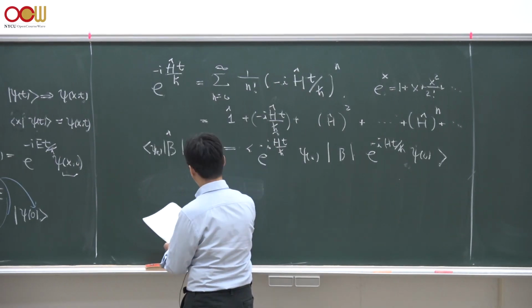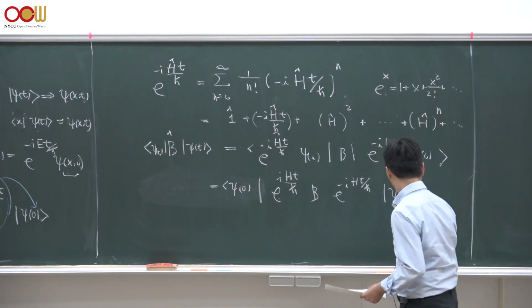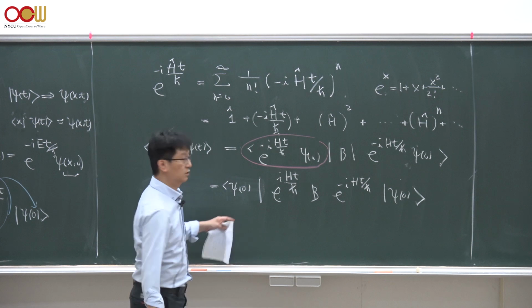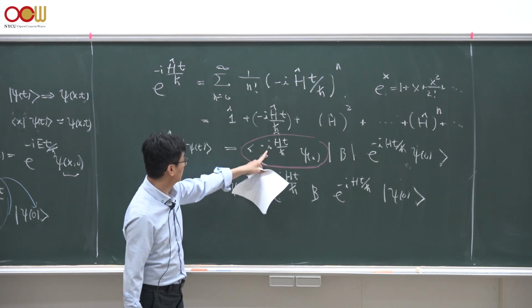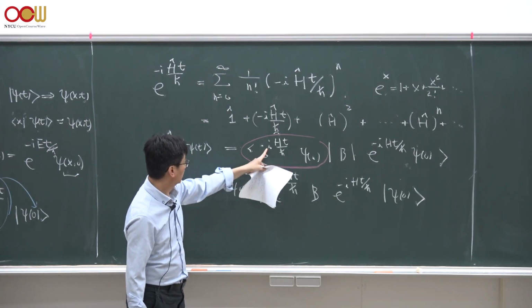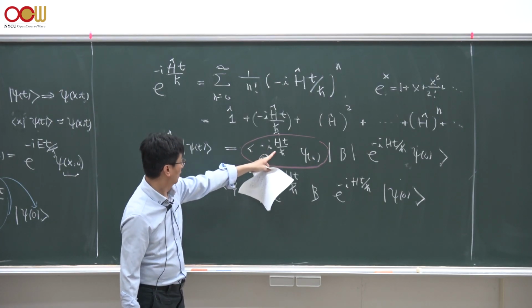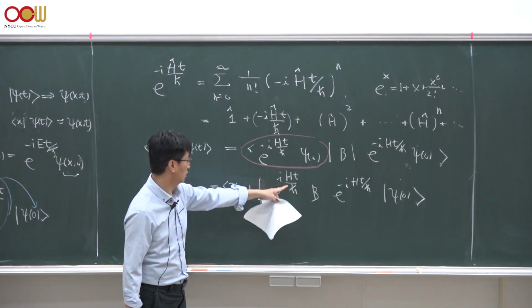So let me rewrite this matrix element. I can simply rewrite this in terms of the Hermitian conjugate of this stuff. If I do it, I simply take the Hermitian conjugate of this e to the minus iHt over h bar, which gives us this e to the plus iHt over h bar.